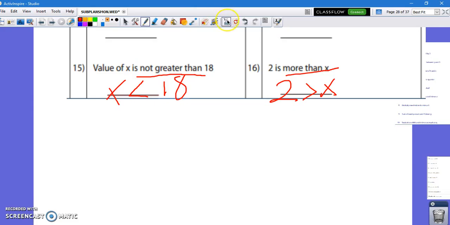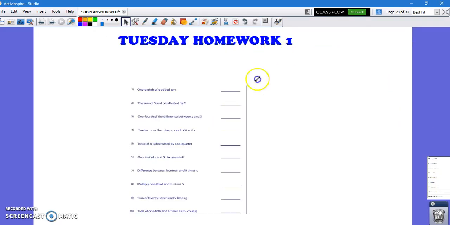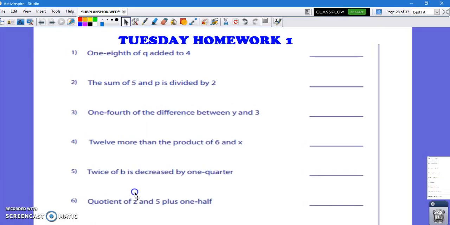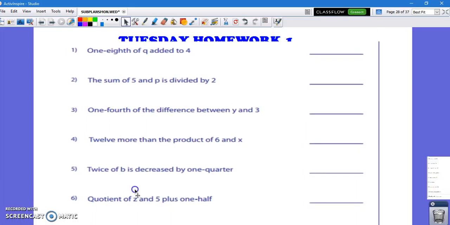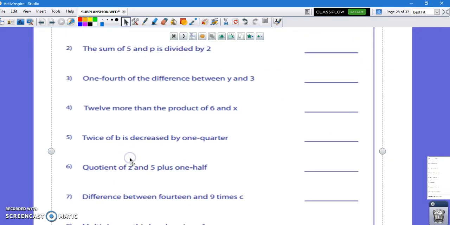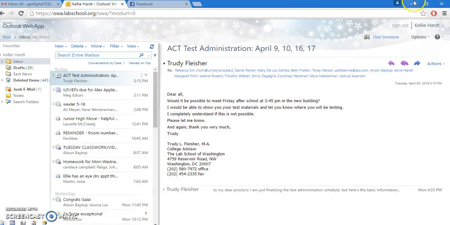And so we're going to move on to the next homework sheet for Tuesday's packet. And this time I'm only going to do half. I said I was going to do half the first time, but I didn't. So on this sheet you have, let's see, I think this might be your next one. Let me check again.